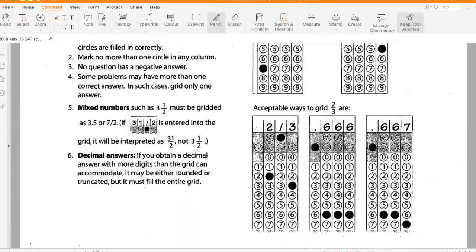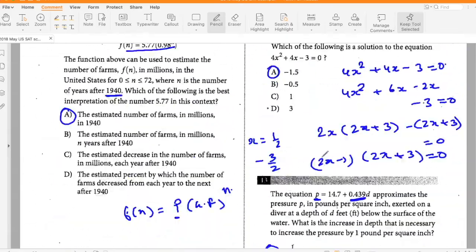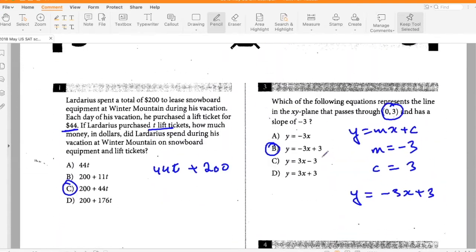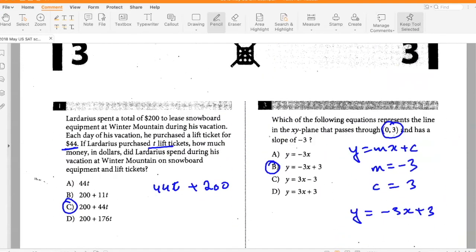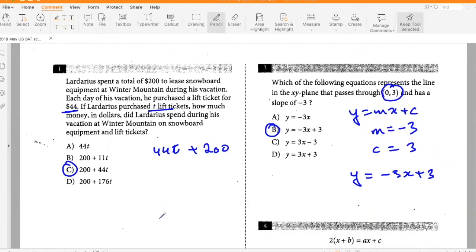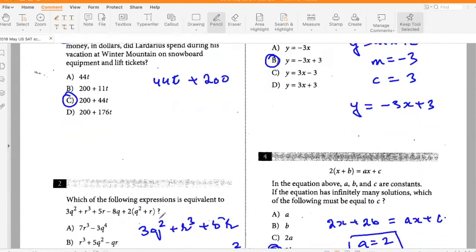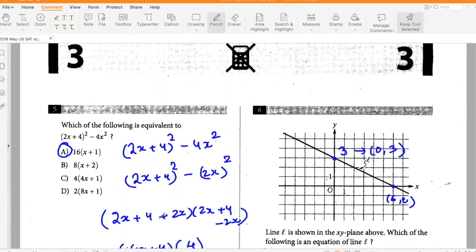Okay, let's grade this. Question 1. CDBD. Number 5. AABC.